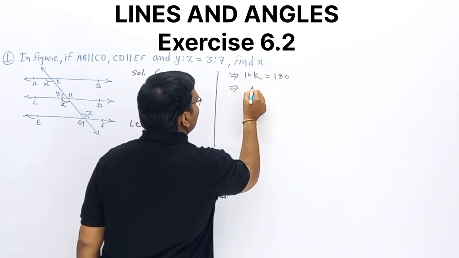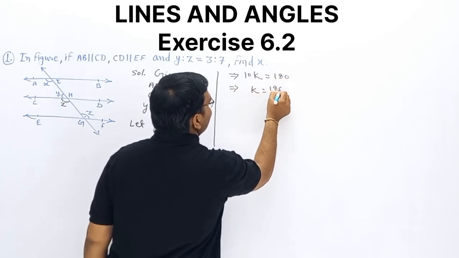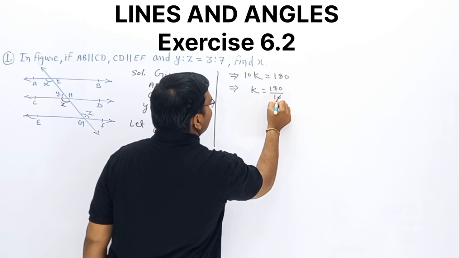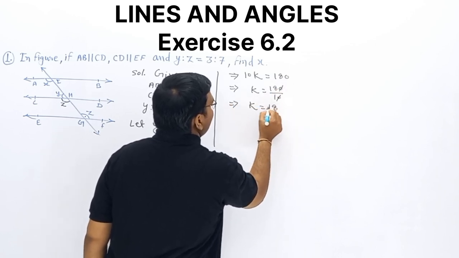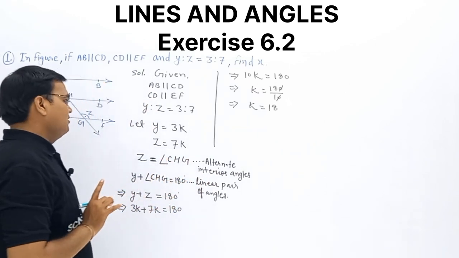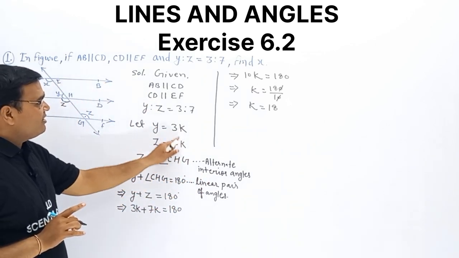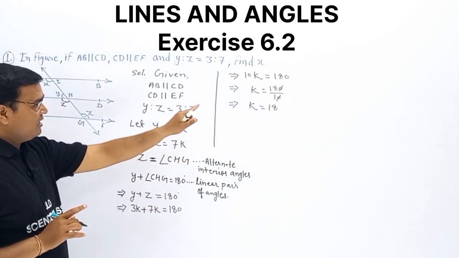Once we solve, k equals what? 180 degrees upon 10. Finally we get the k value: 18. K is 18. K is a constant that we assumed.